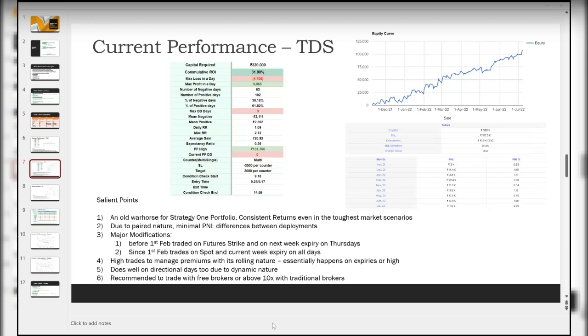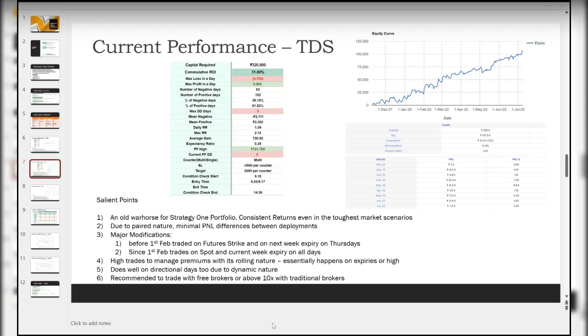But it is a multi-counter rolling strategy. So it will roll most of the times, and it has the advantage of rolling at the same time. In very directional markets, it'll actually get the advantage of theta decay as well, because it'll keep on rolling to the other strikes which are more concurrent to the market, and that's how it works.